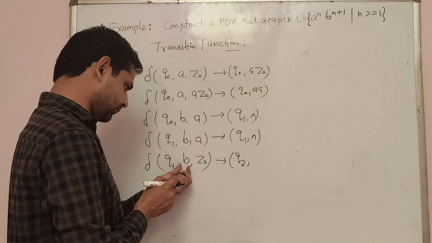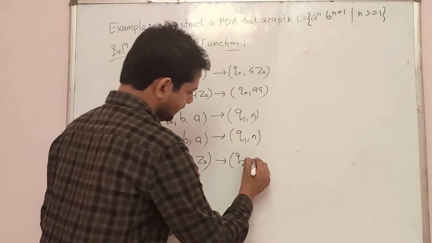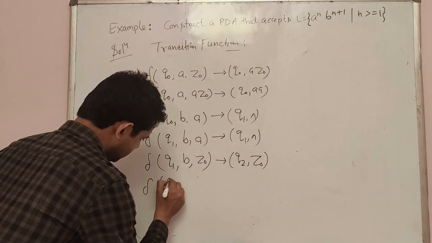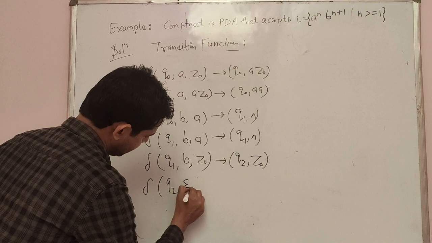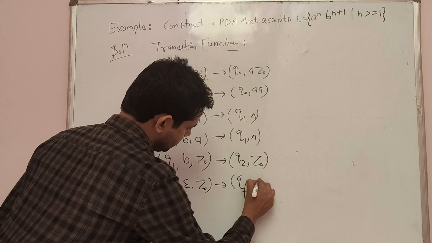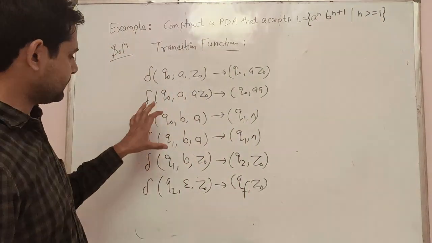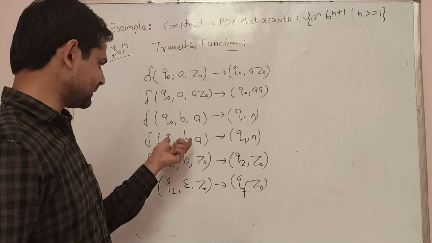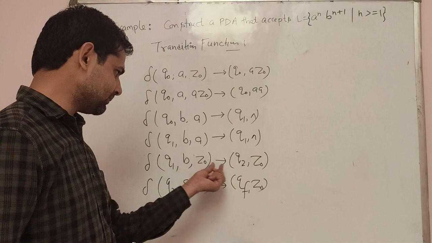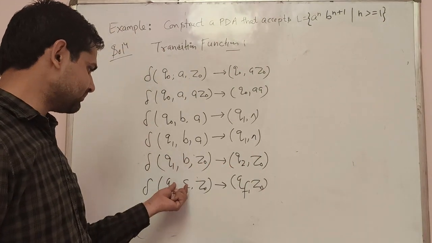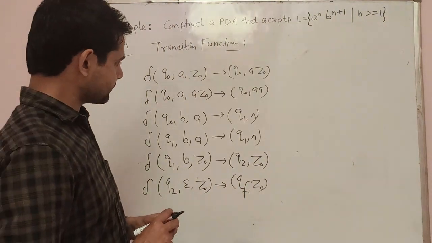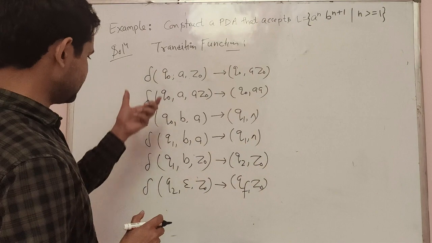We just read B and we will not store anything. From that Q2, when there is no B, meaning the string is empty and the stack condition is Z0, then we can move to the final state. So after the equal number of A's and B's, we consider only a single B. After that single B, we change the state, and if we get null, then we move to the final state. So this is the transition function.